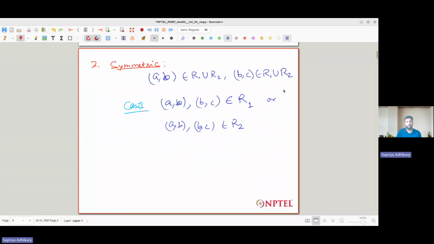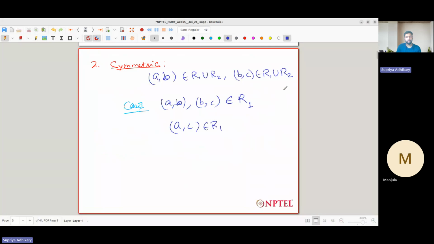Let's say that both of them belong to R1, and for the case of R2 the argument will be the same. If they both belong to R1, then we can say that (a, c) also belongs to R1, since R1 is an equivalence relation and hence a transitive relation.